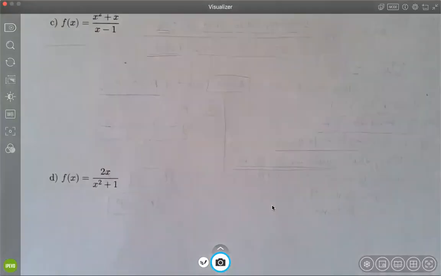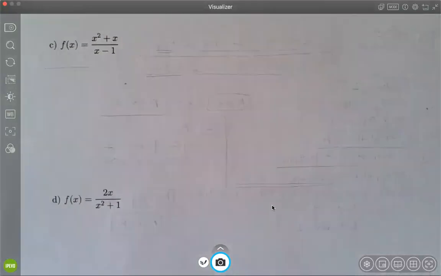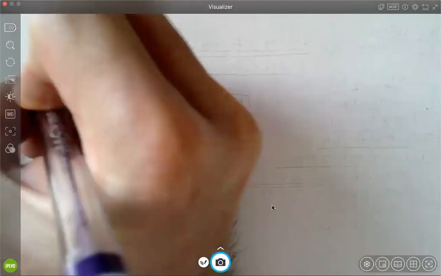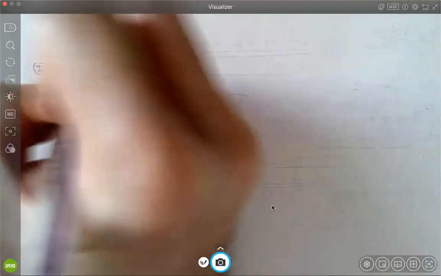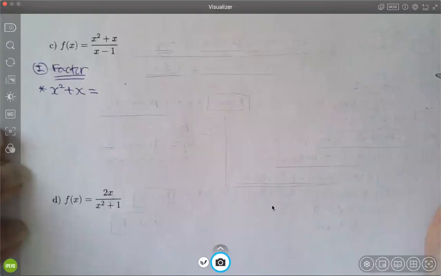X squared plus x over x minus 1. Okay, so again, let's see if there's any common factors. So, can you factor the top, x squared plus x? Is it possible? Yeah.